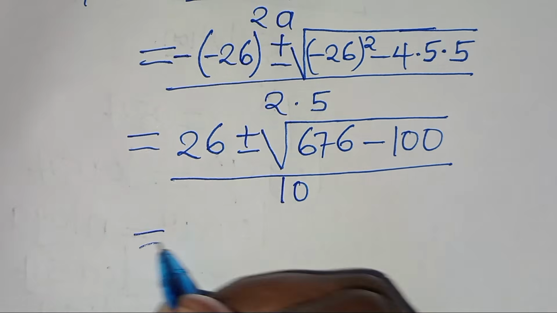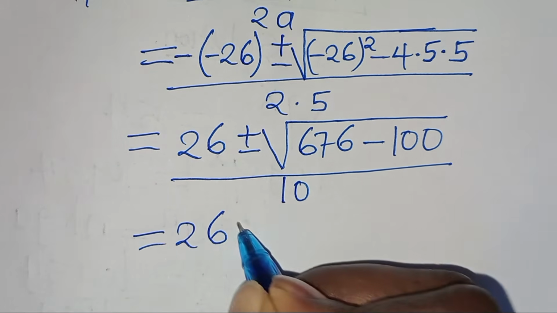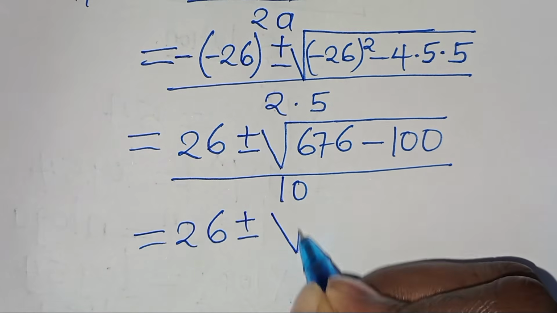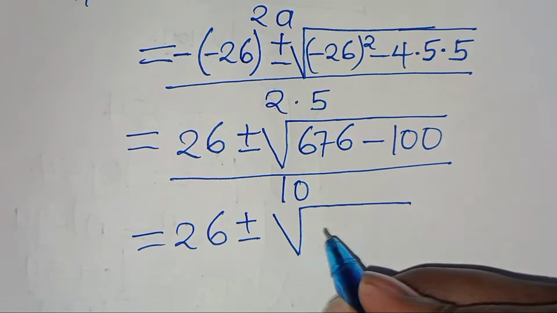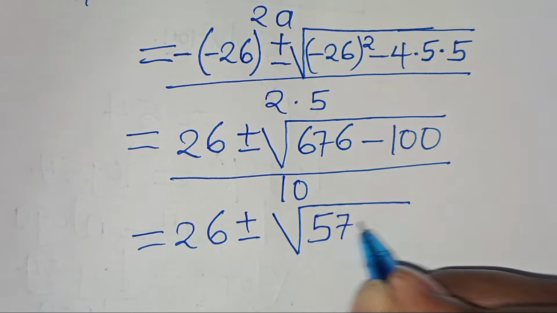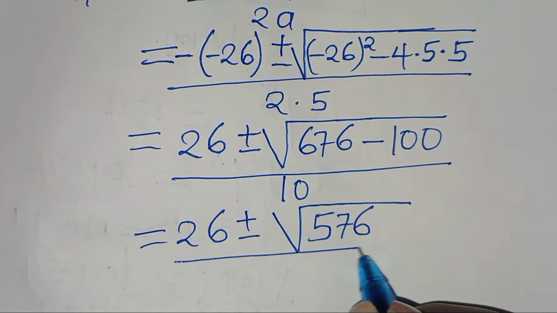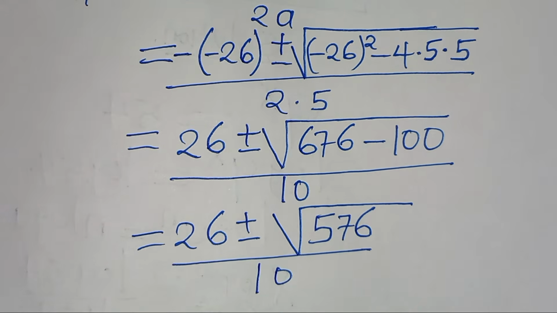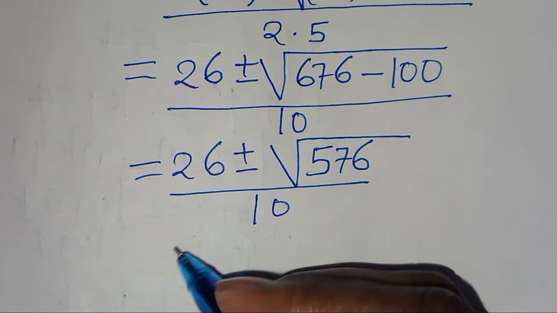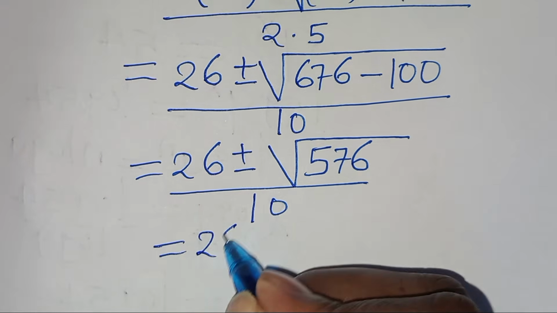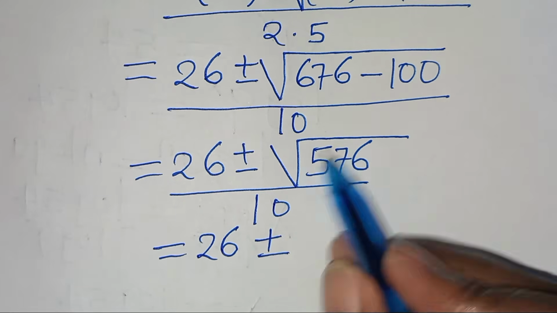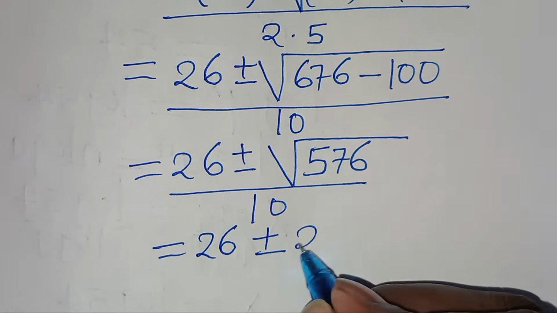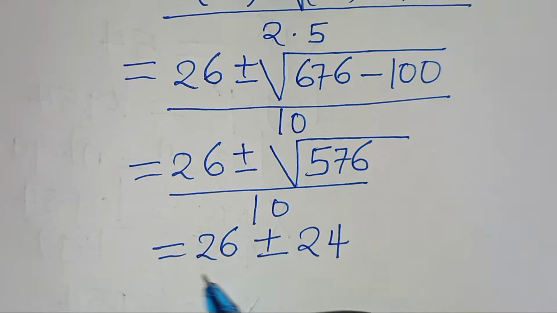So here we have 26 plus or minus the square root of 676 minus 100, which is 576, divided by 10. So here we have 26 plus or minus the square root of 576. This is equal to 24 divided here by 10.